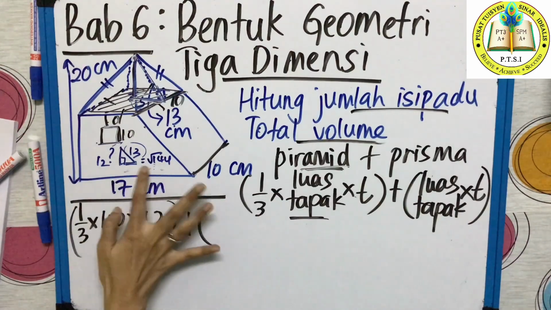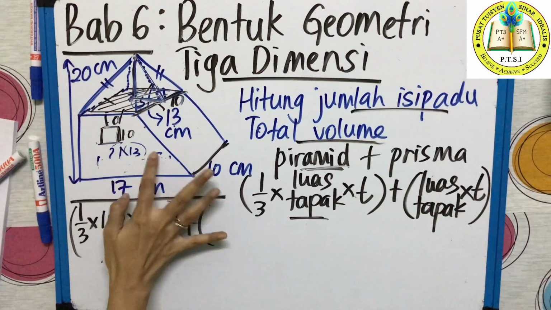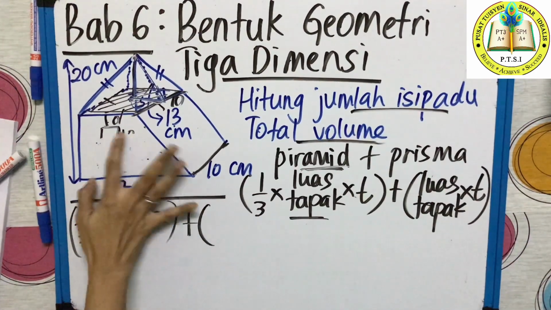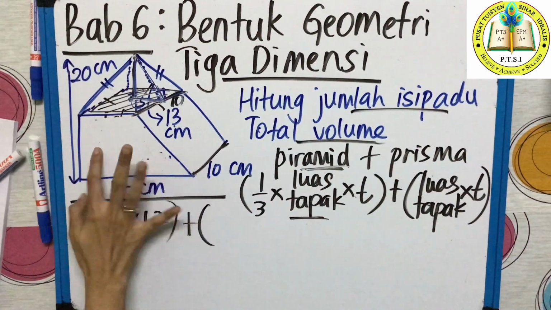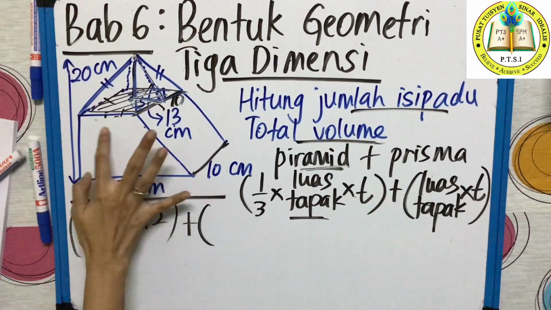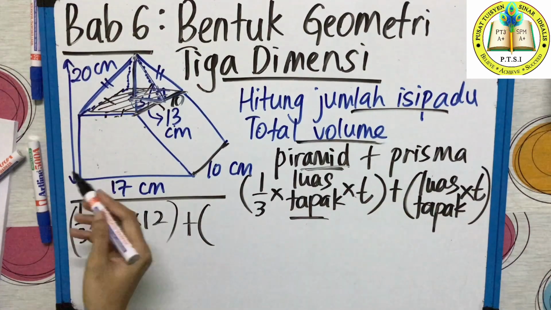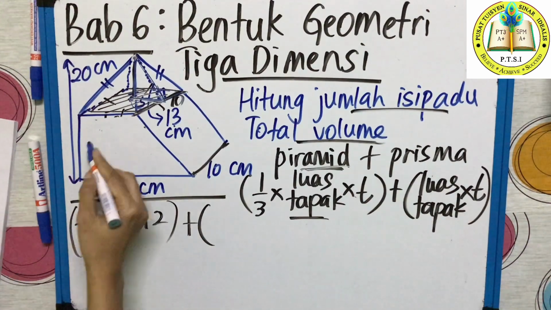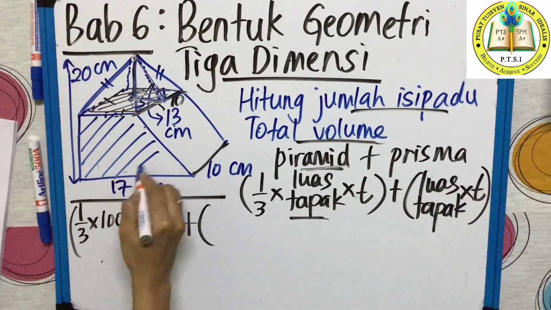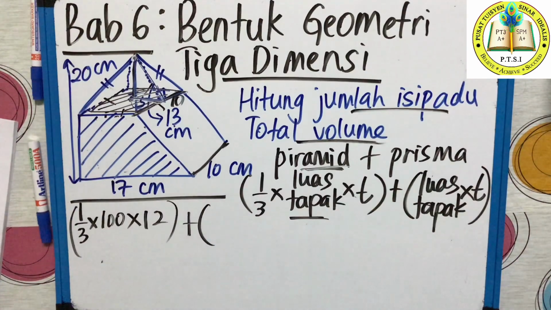So yang dalam ni cikgu padam, yang kita guna untuk jalan kerja tadi. So yang ni prisma trapezium. So when they say prisma trapezium, you must do area for this part. Buat luas untuk trapezium. That is luas tapak, bukan bawah. Do you understand? Luas keratan rentas.